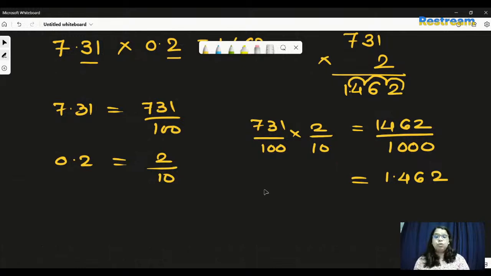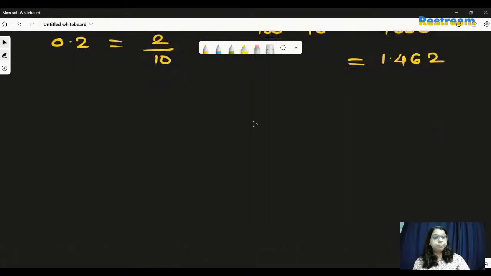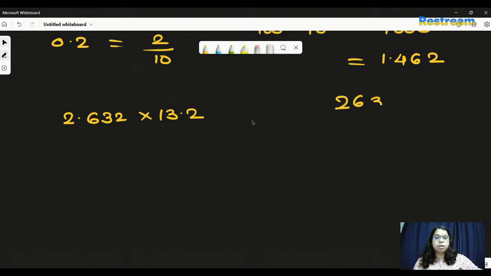Okay, let's do one more with some big numbers. Let's see, I have 2.632 multiplied by 1.3, so I have 2632 multiplied by 13.